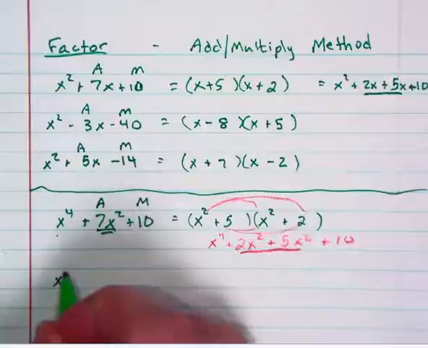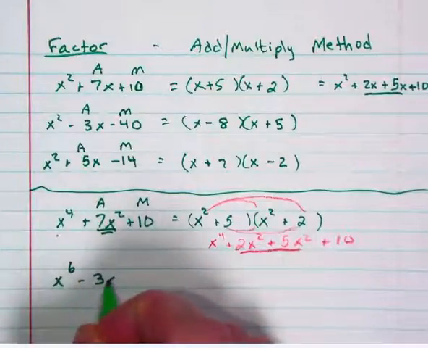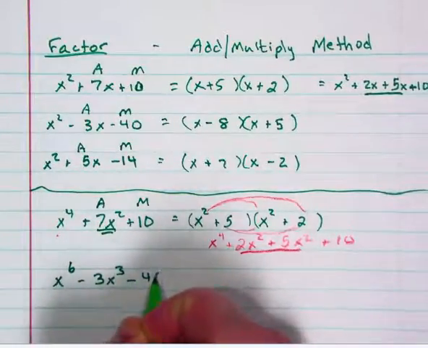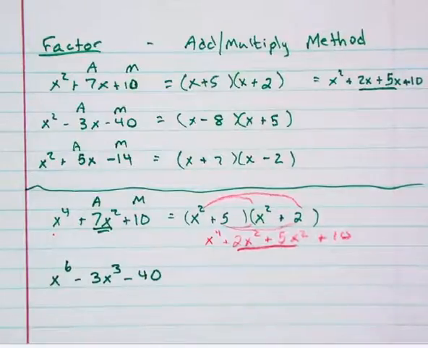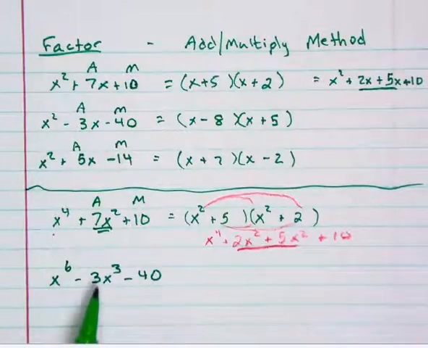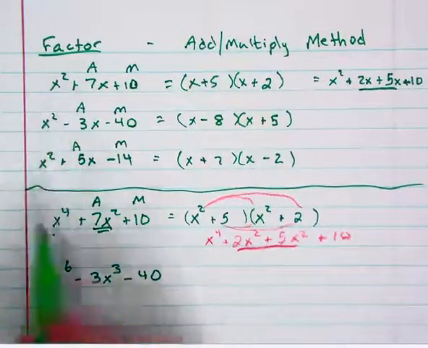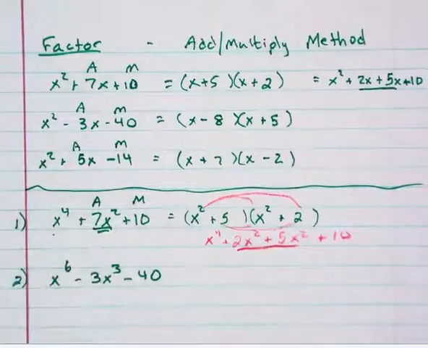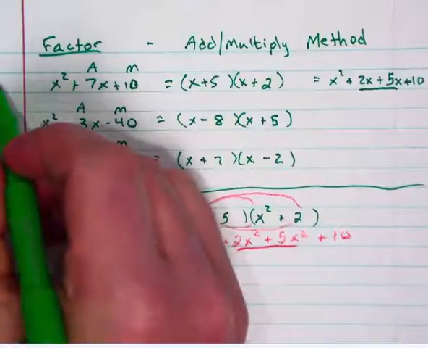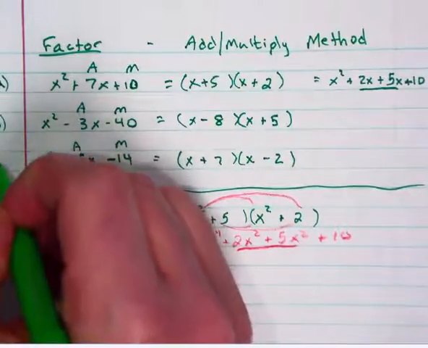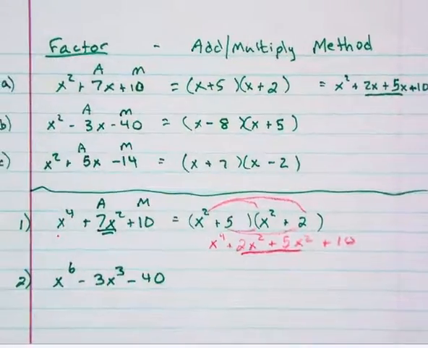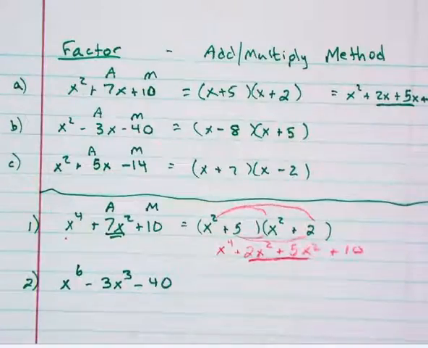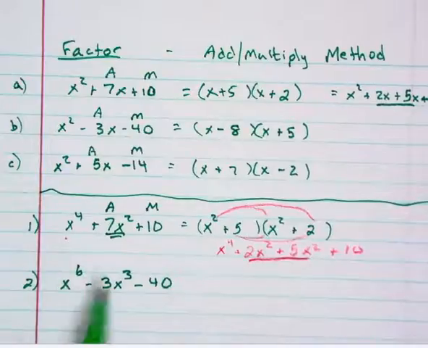What if I were to do x to the 6th minus 3x cubed minus 40? Okay, well again, look at how this is similar to this. I know you've been asking me to number, so here's 1 and here's 2. Okay, I'll put these as A, B, and C. So notice how number 2 is similar to letter B. Okay, the only thing that appears to be different to me is the exponents.